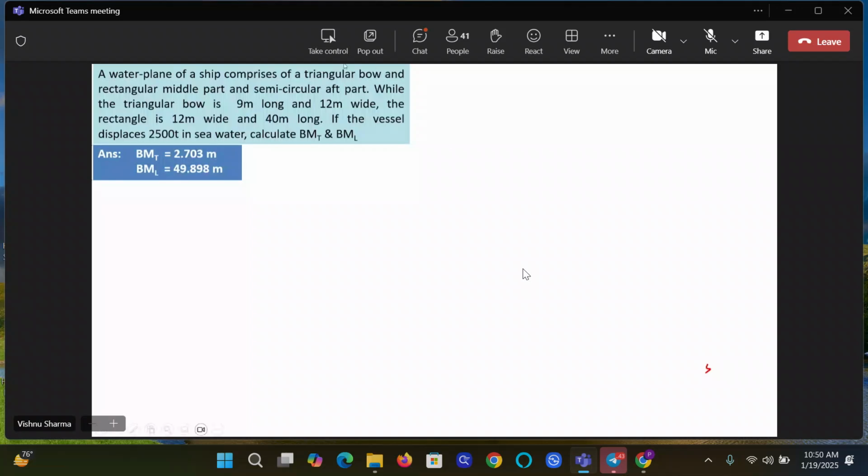The question answers are already shared with you. Please read the question. Will you be able to solve it? And it will involve your triangle. It will involve your rectangle. It will involve your semicircle. Now, if you have doubts, you will have to come with specific doubts. You cannot say, can you tell us how to solve it?